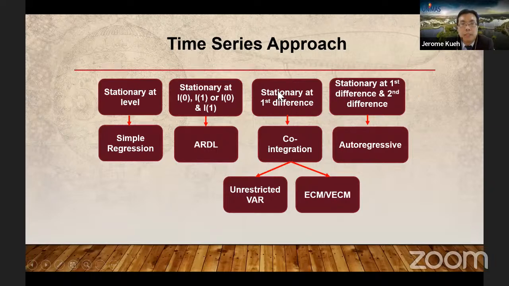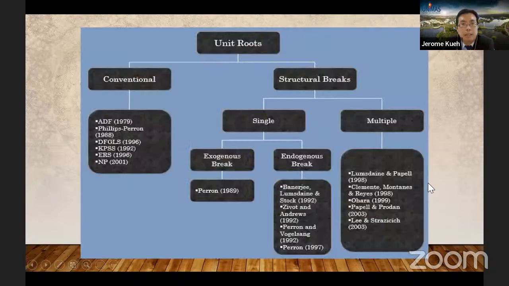So this is quite a common standard procedure that we normally need to perform: stationarity testing, then long-run equilibrium testing, before we can estimate the impact. In terms of unit root testing, there are different types. You have the conventional ones, and you can also capture the structural break.